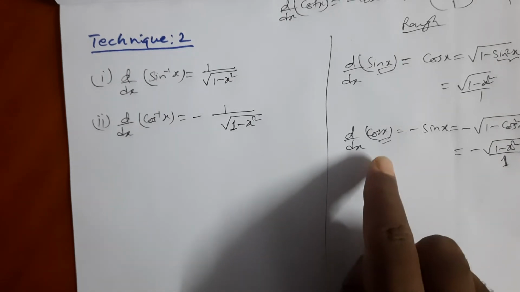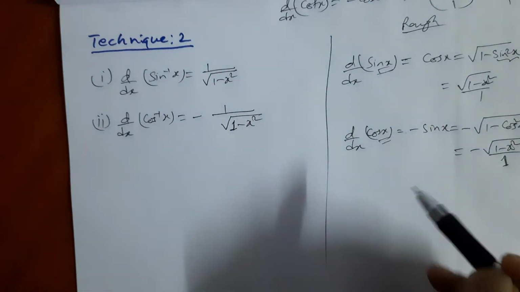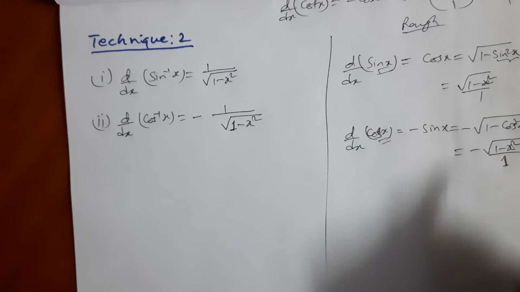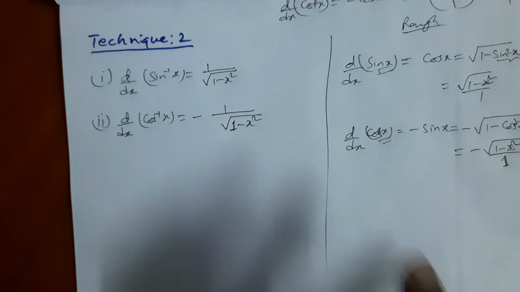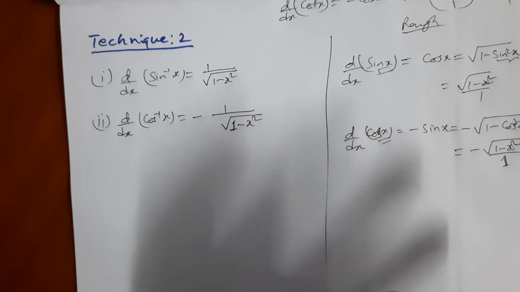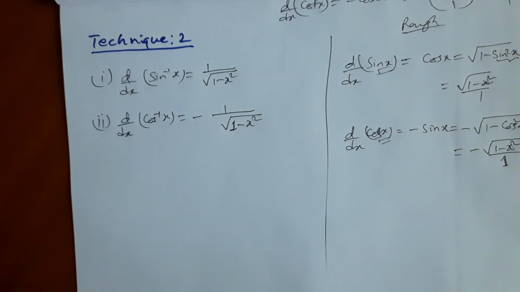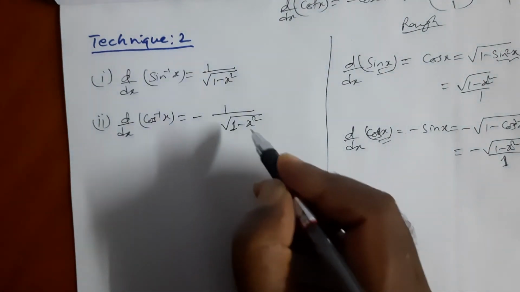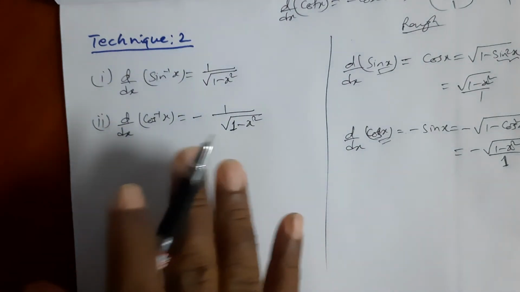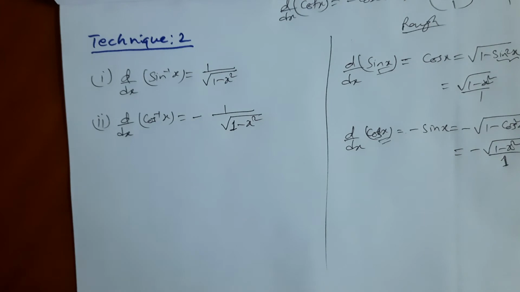We should not take the derivative of cos x as minus root over 1 minus x square, because this is a technique to remember the formula only. It will be helpful for you to remember the formulas of the inverse trigonometric functions.